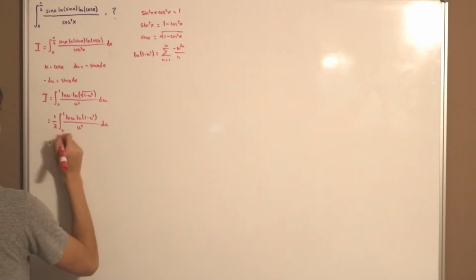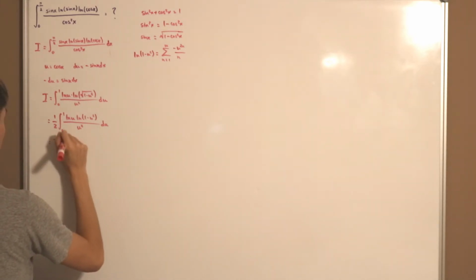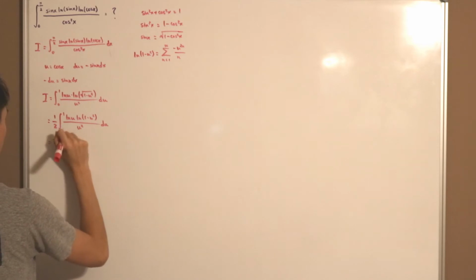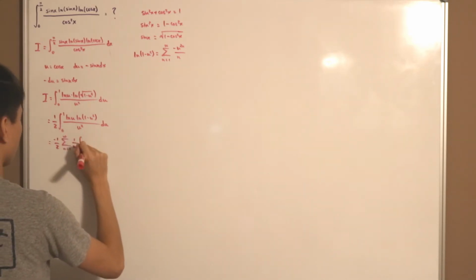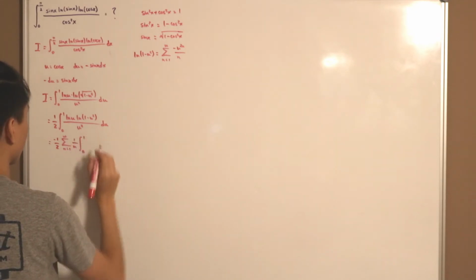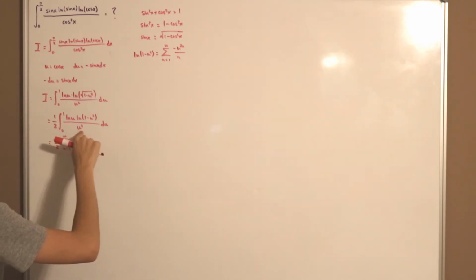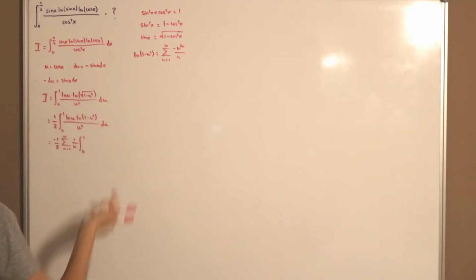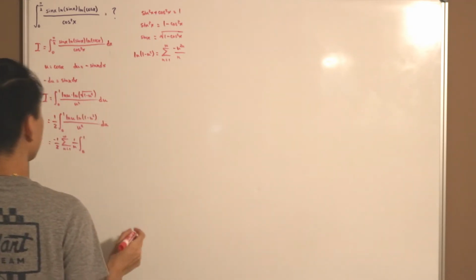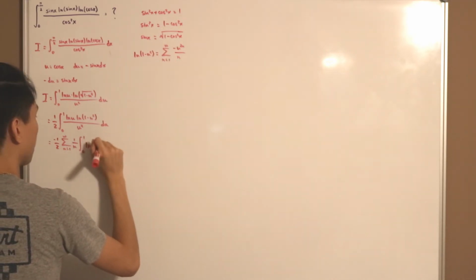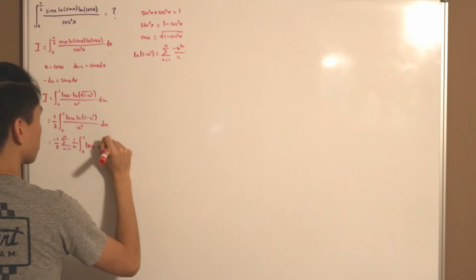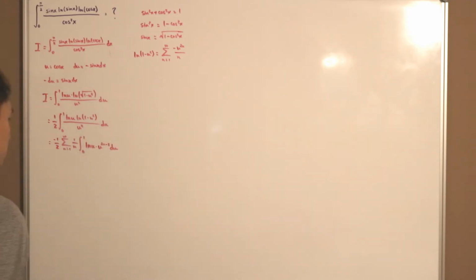So we have negative 1 over 2 times the summation of 1 over n multiplied by the integral from 0 to 1 of ln of u, multiplied by u to the 2n minus 2, du. Okay, cool.